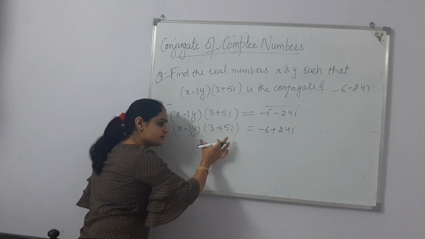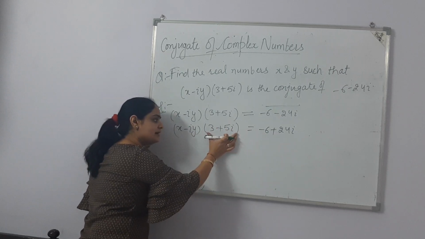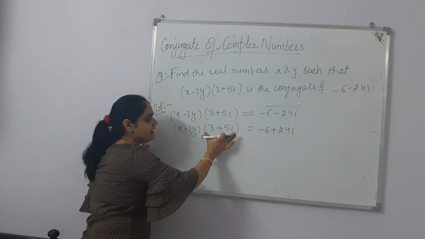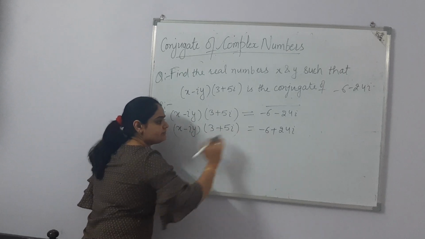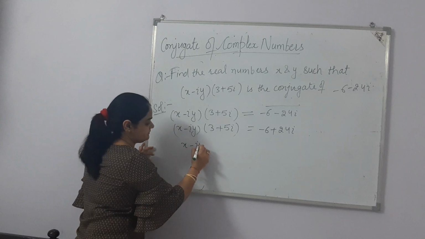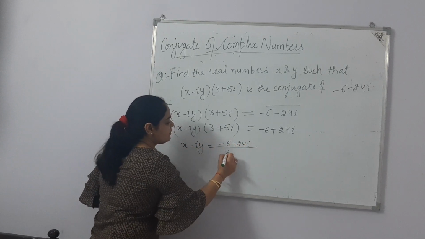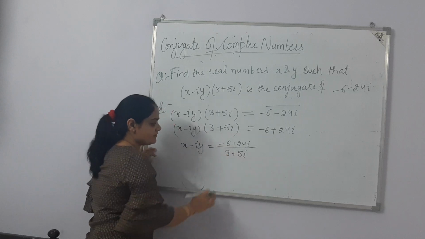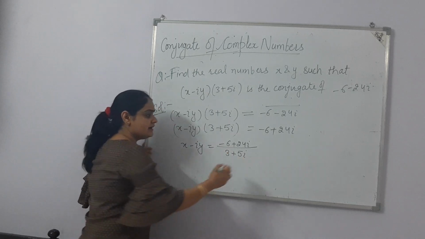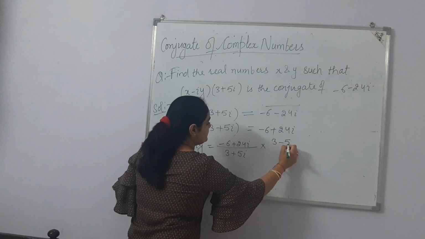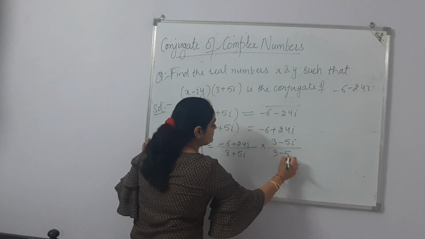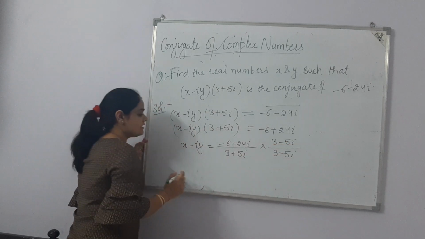Now another way is, both the terms are multiplied, so we can divide by this term on the other side. So minus 6 plus 24 iota upon 3 plus 5 iota. Of course iota is in the denominator, so we have to rationalize with 3 minus 5 iota, 3 minus 5 iota.